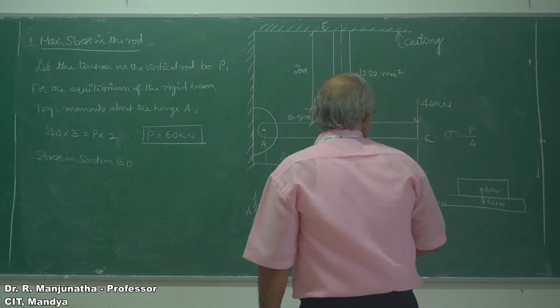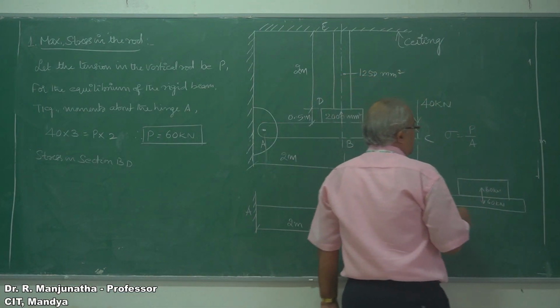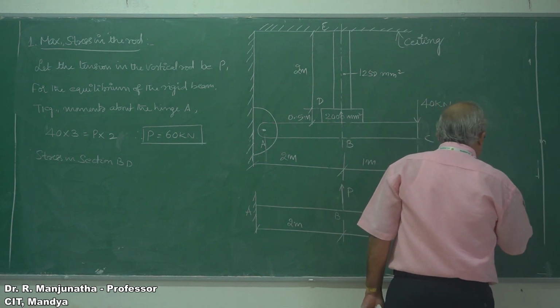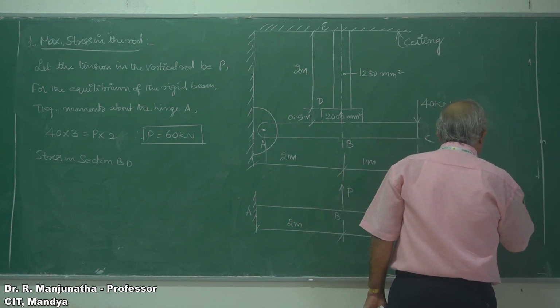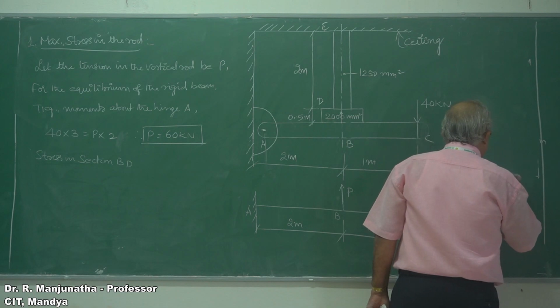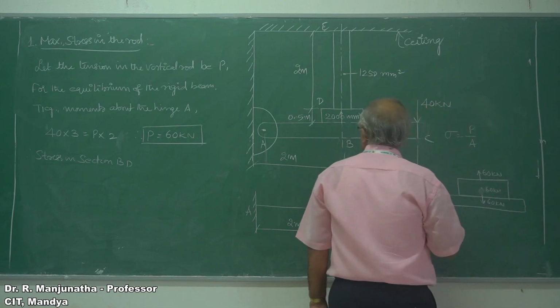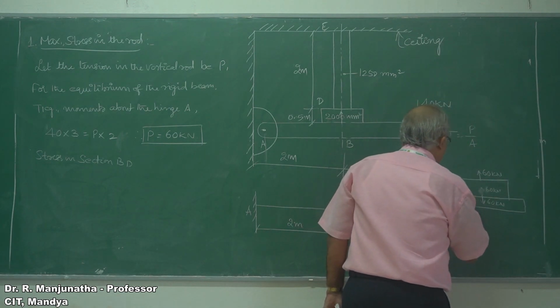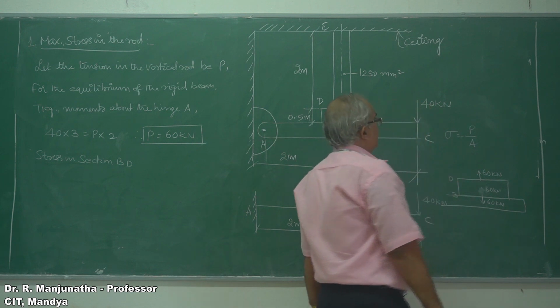So here it will be tensile. Naturally, in this section we also get 60 kilonewton acting in the upward direction. So this will be B and this will be D.